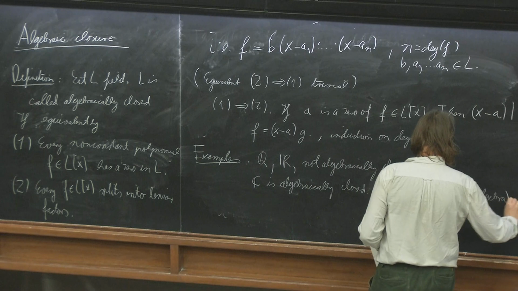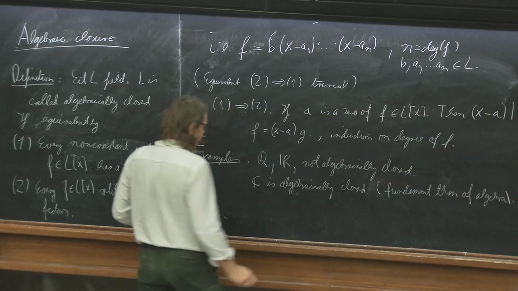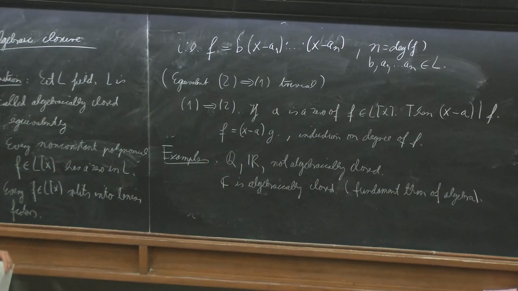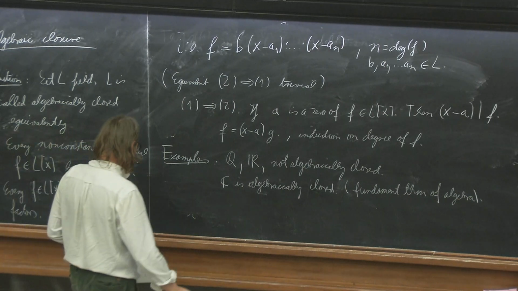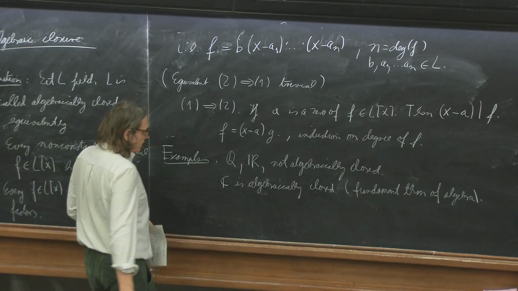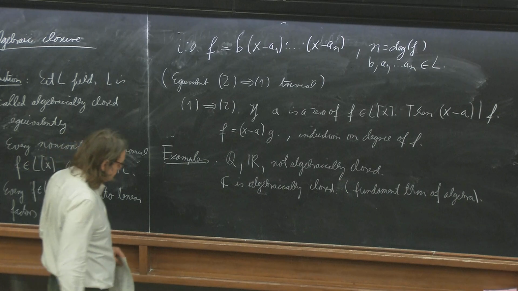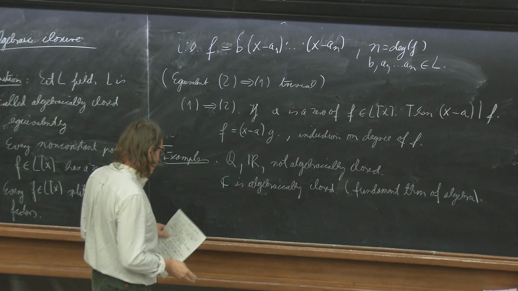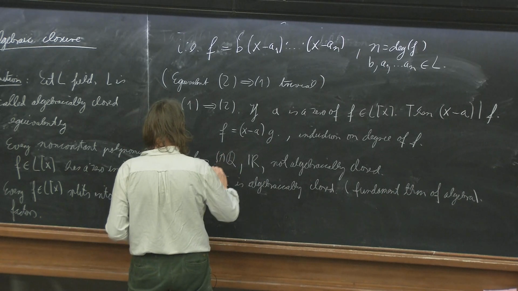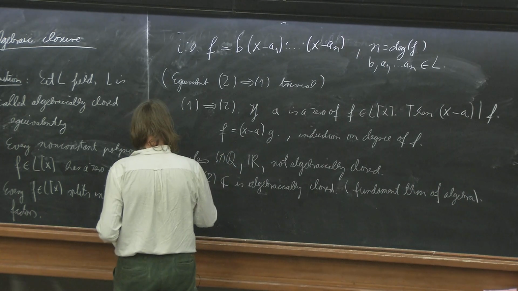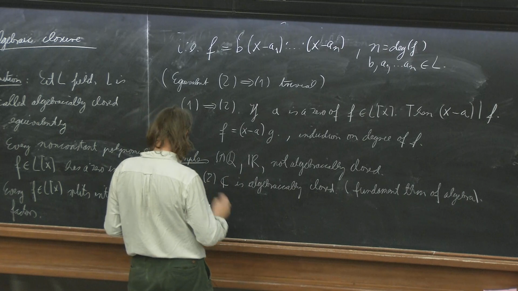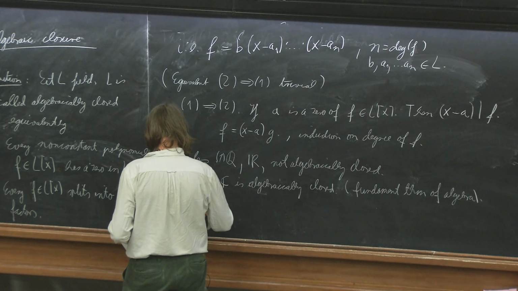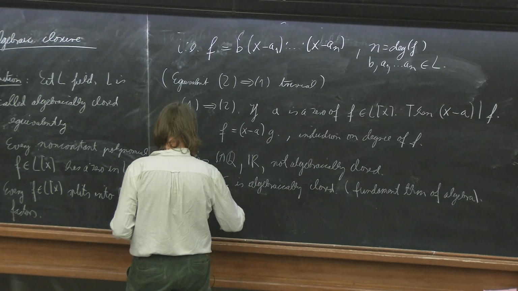You will see it in any first course on complex analysis. I expect you have seen it or will see it soon. And then another example which we have just seen is that Q bar is algebraically closed.